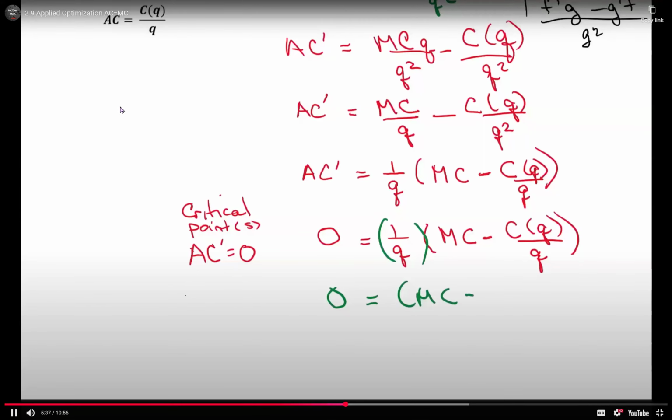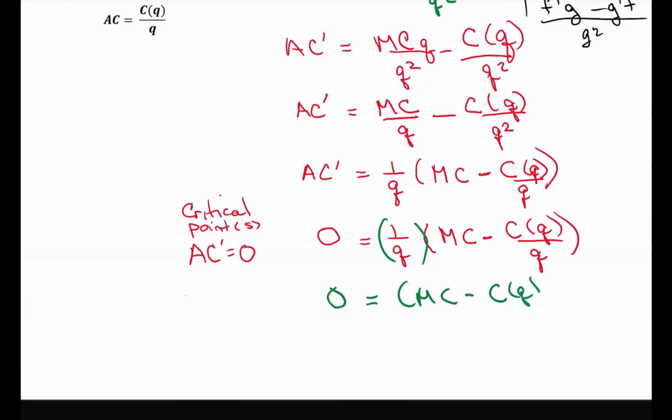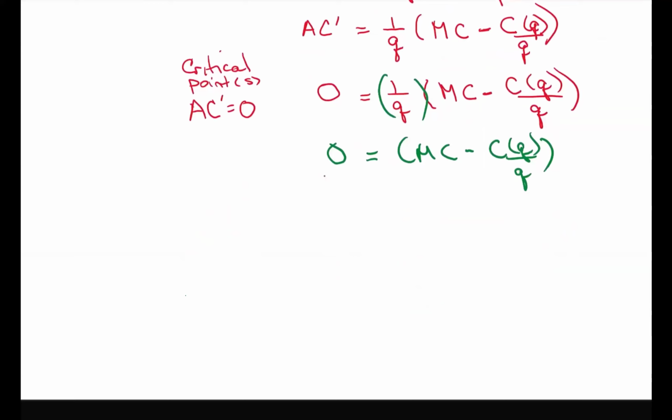MC minus the cost over the quantity equals 0, which again means that the marginal cost is equal to the cost over quantity.